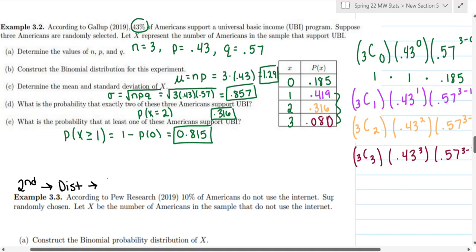You are going to find binompdf. And then it's going to ask you number of trials, probability, and X. So we just say here, n, p, x. And then we're going to hit enter.